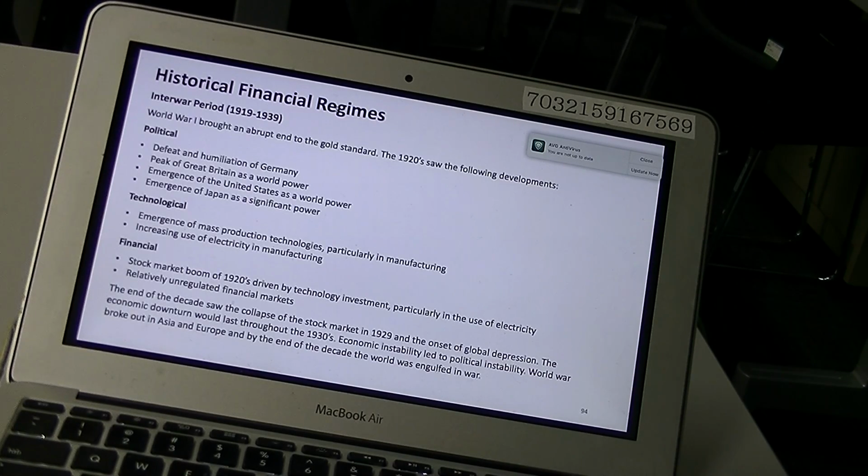But in terms of World War I politically, that saw the defeat and humiliation of Germany. It was the peak of Great Britain as a world power.